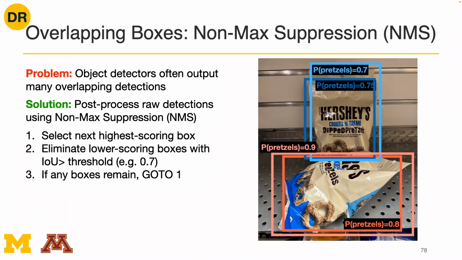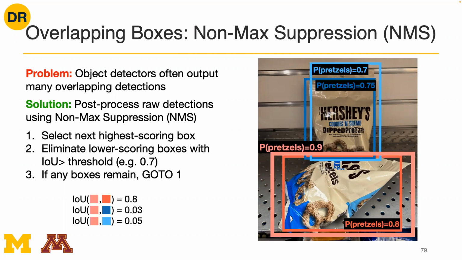So for instance, if you take an example here, the one highlighted in pink, the pretzels, has a score of 0.9 from the classification. If you take that particular bounding box and compare it with the other bounding boxes and compute the IOU, you can see that it's overlapping much more with the bounding box that is also pink in color, with 0.8 as a value.